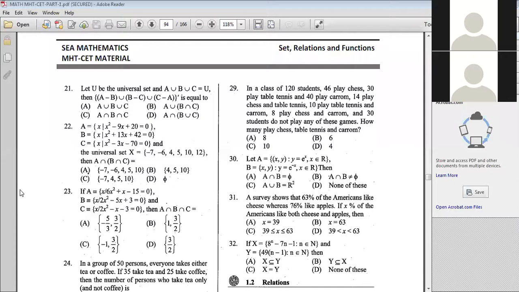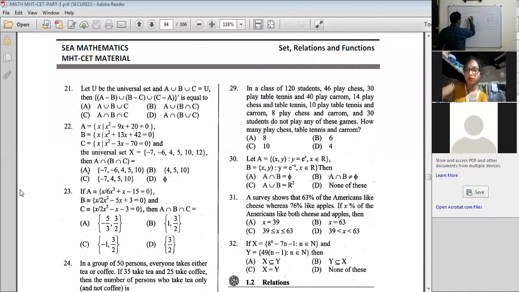Set B is 2x squared minus 5x plus 3 is equal to 0. Set C is 2x squared minus x minus 3 is equal to 0. Find the roots of all the three equations.